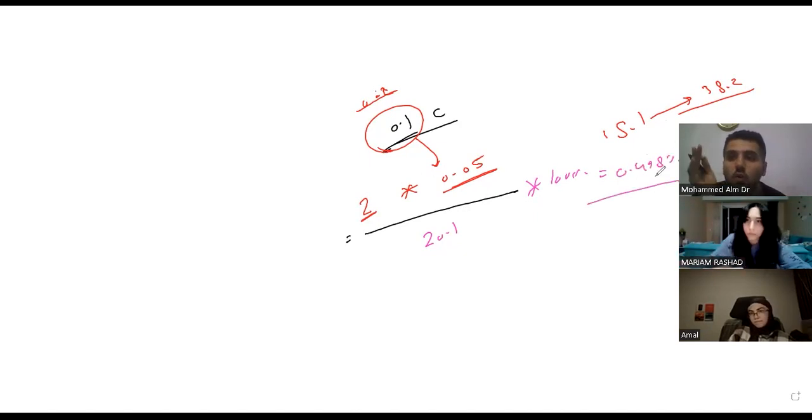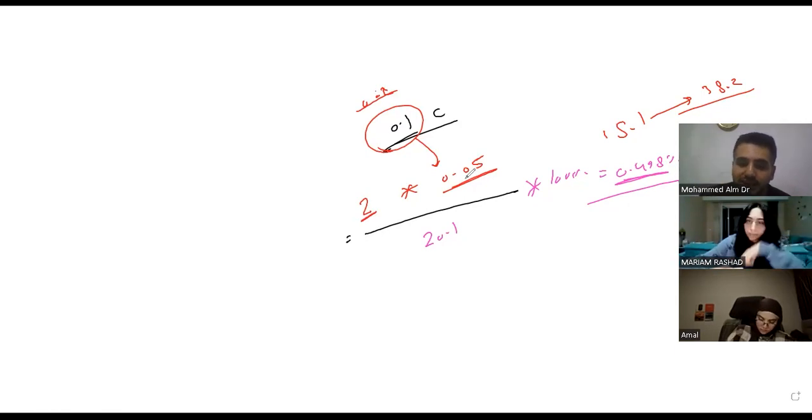Always in this type of question, the uncertainty question, the percentage error should be given to 3 significant figures. Always 3 significant figures. We also have a very important note.